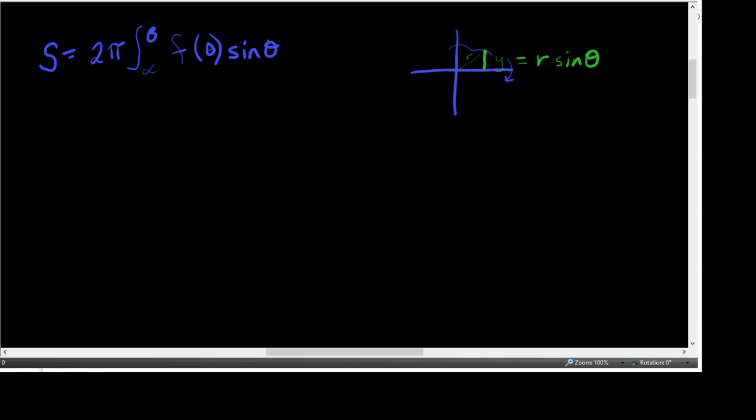Okay, multiplied by the square root of the same thing we used with the arc length. That's f of theta squared plus f prime of theta quantity squared d theta.